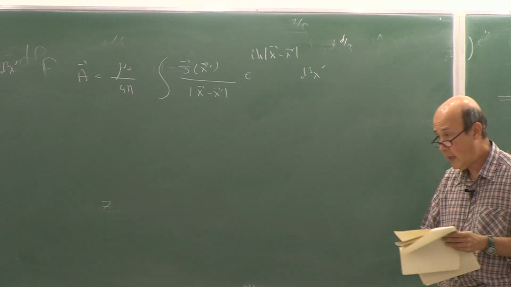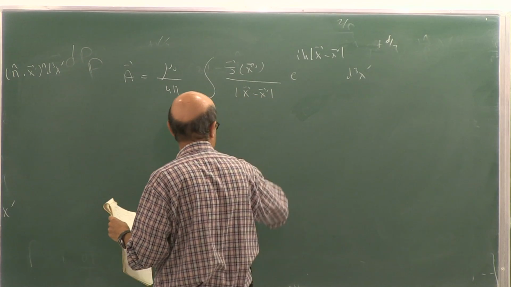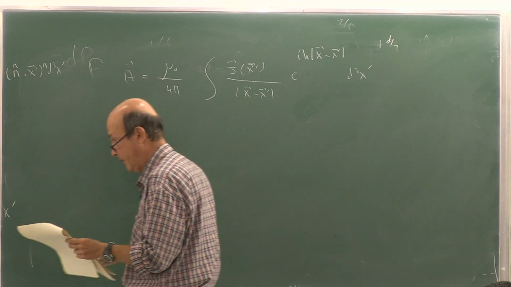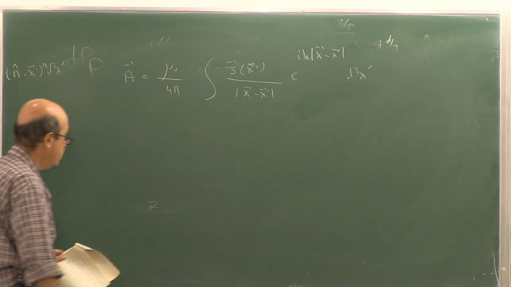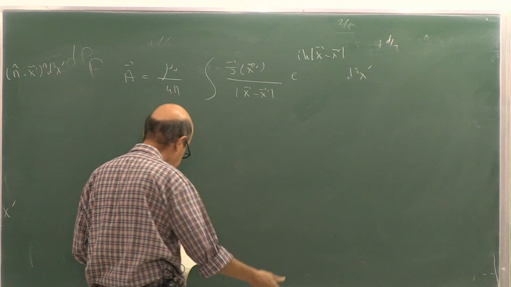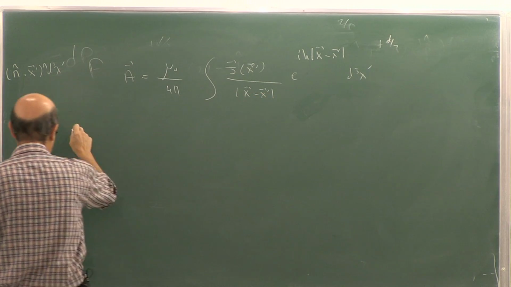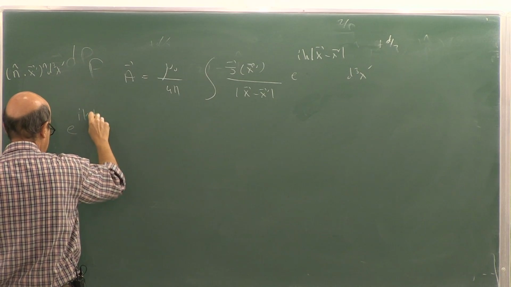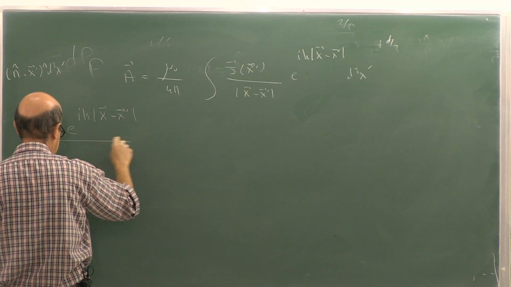So I want to give you a tool. If you want to write the exact solution, you can have a tool for e to the ik times x minus x prime over x minus x prime.